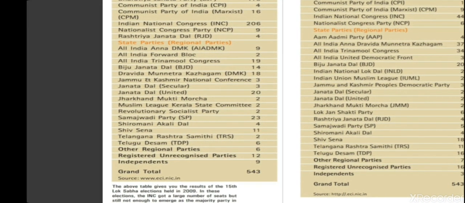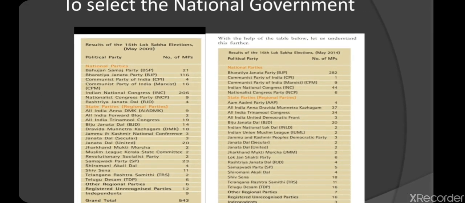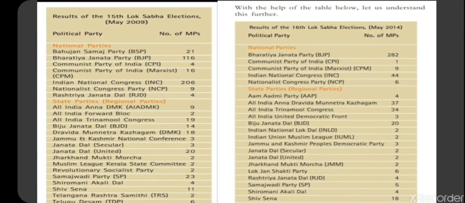But the problem is that we want a majority of 272 seats, 272 MPs or more, then only that party will form the government. Now here you can see that Congress has won 206 seats, which is less than 272.